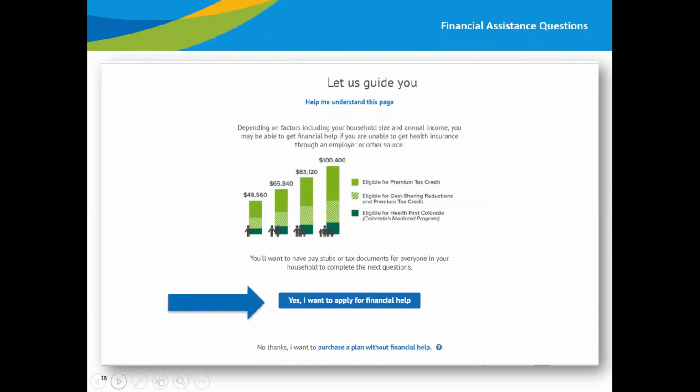If an individual was only looking to purchase a full price QHP without an evaluation for financial assistance, they can click the "purchase a plan without financial help" link, which will take them to the declarations and signatures page to submit the application. They would skip all of the questions that we will take a look at in the follow-up slides.